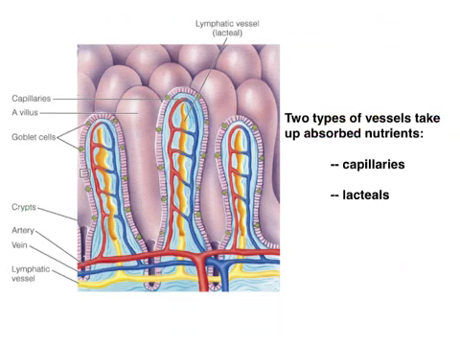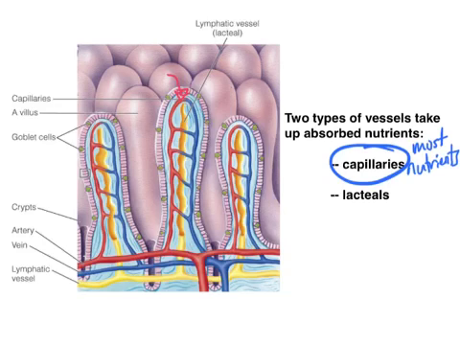Now, once nutrients get across the intestinal epithelium, they are taken up into either the capillaries or lacteals. Most absorbed nutrients are taken up into the capillaries. Capillaries are the smallest blood vessels.